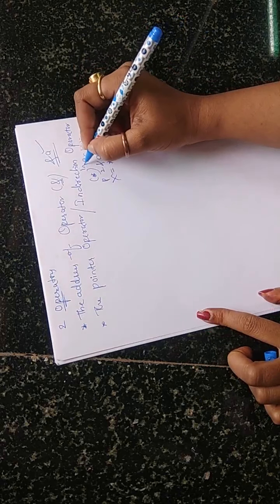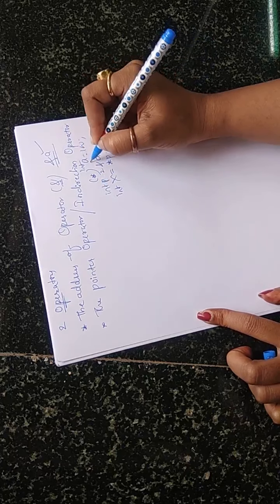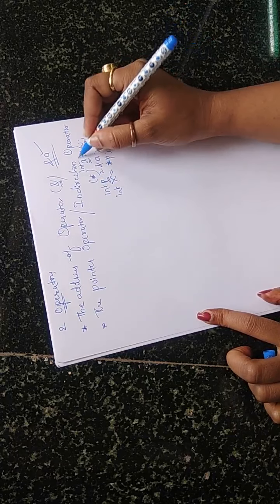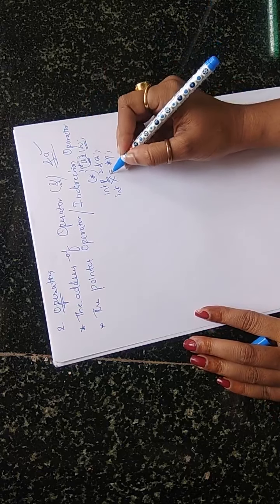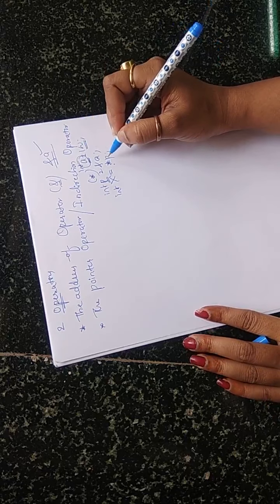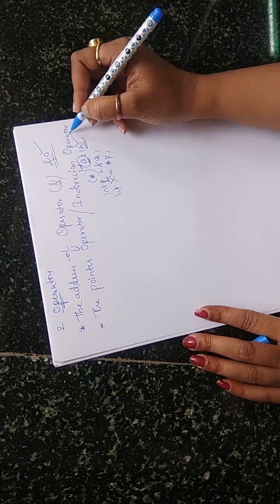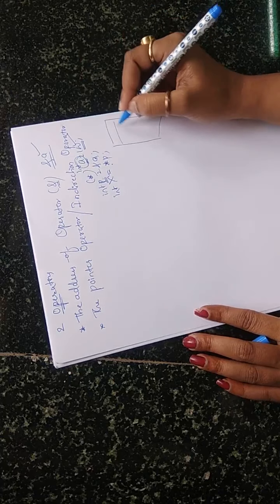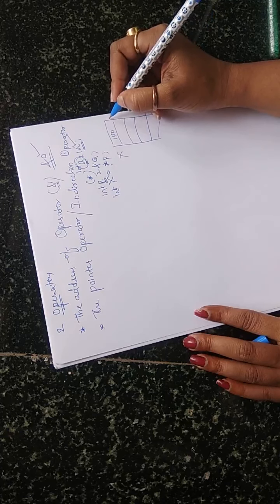Consider all variables are integers. So a stores 100. In p the address of a is stored. Now x is equal to star p means: in p, whatever address is there, in that address whatever value is there, you have to store. Suppose this is the memory: a stores 100 and its memory address is 8.